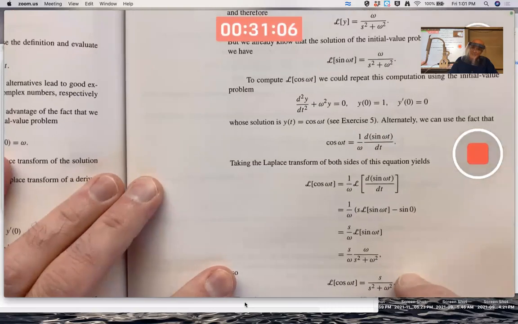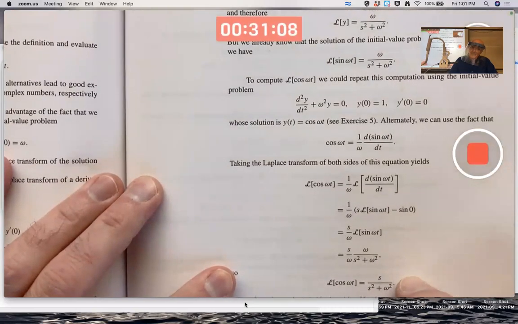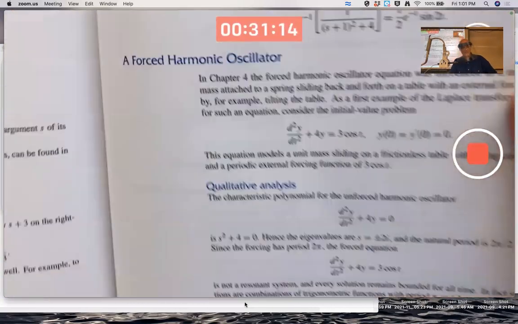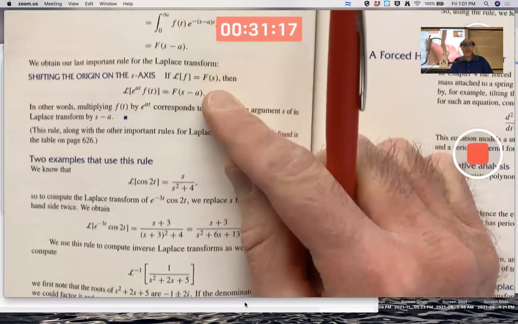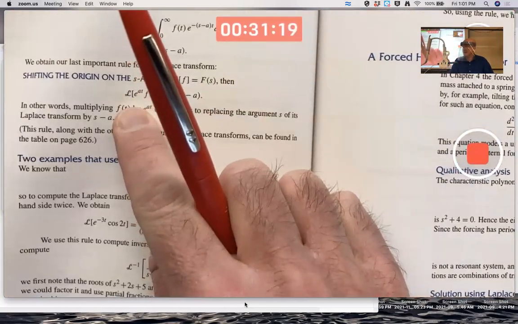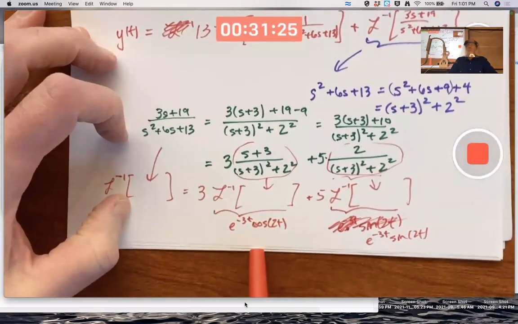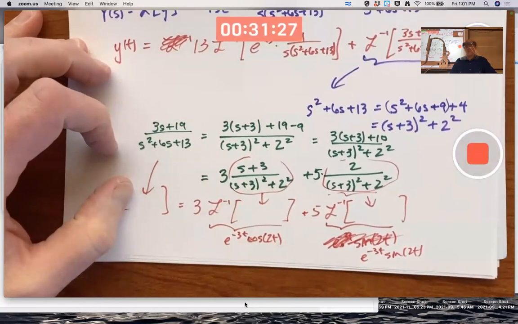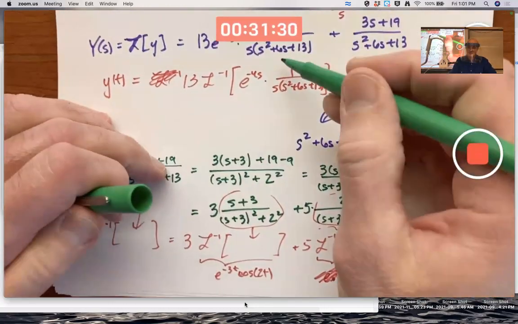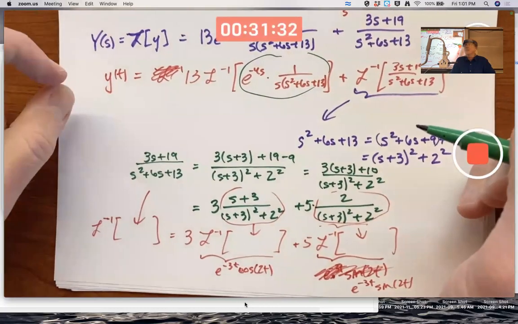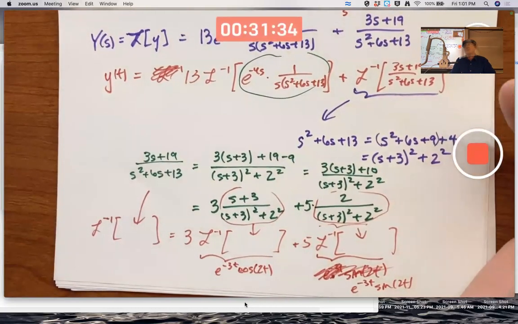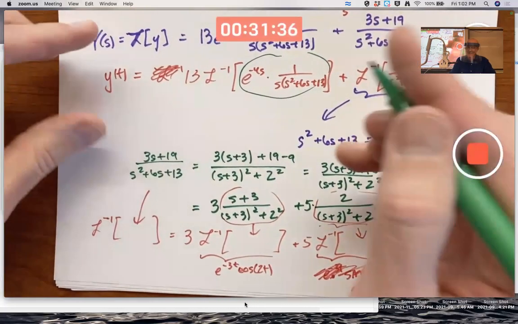Laplace transform of cos 2t was this, when omega is 2 squared there. And we're once again using this property with a equal to -3, and we get e to the -3t in front of the cos 2t. That's what this is. This begs a question then. How do you deal with this? It's even harder still. And I think I don't have the time to finish it really.